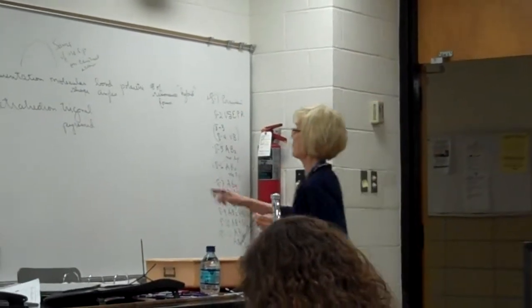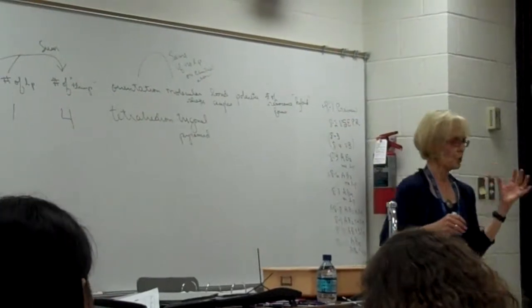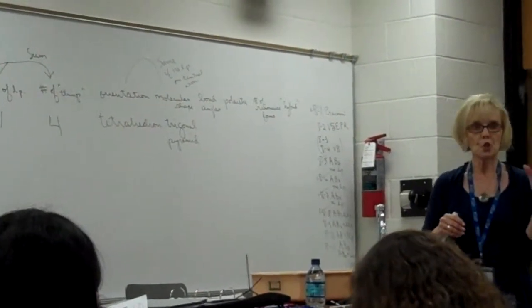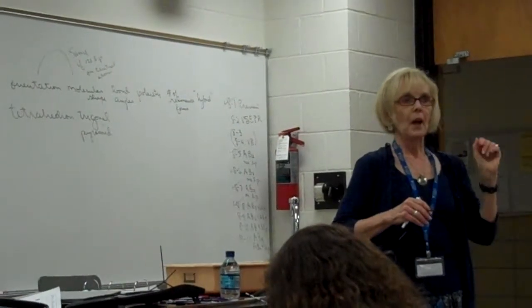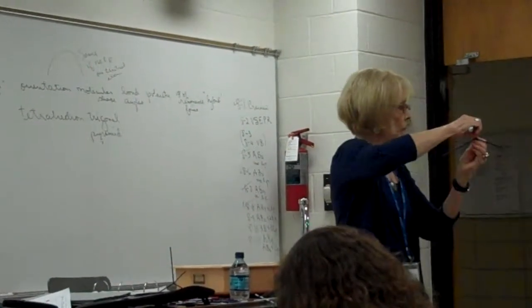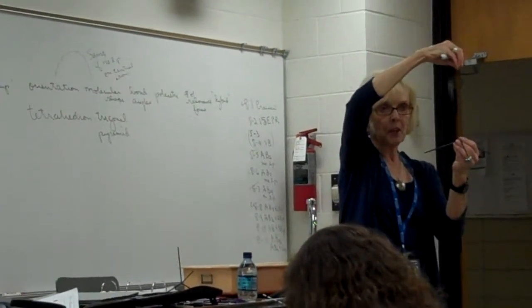Okay, now, bond angles we know in a perfect tetrahedron. How's your short-term memory? 109.5, good deal. Okay, if you have a lone pair up here, it does not have another nucleus to keep it under control.